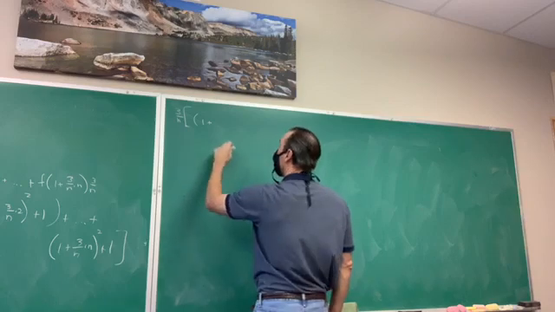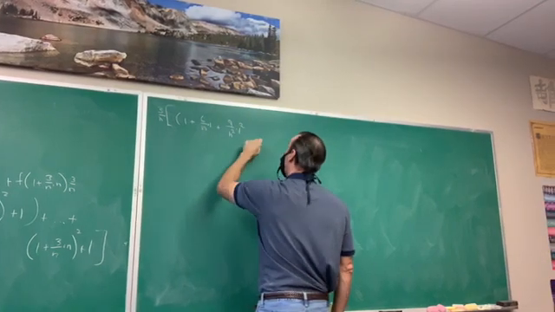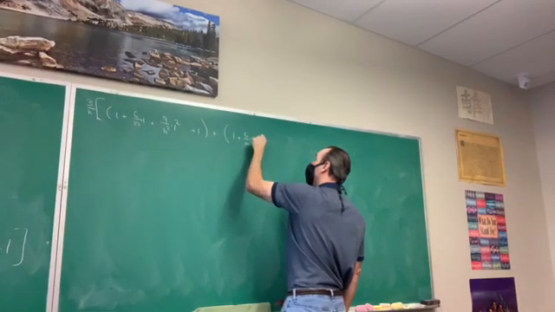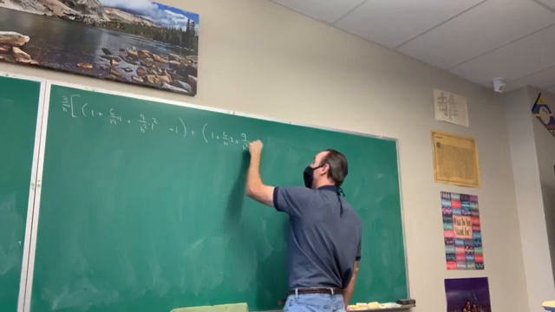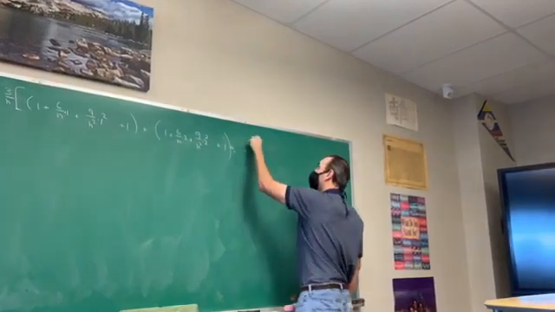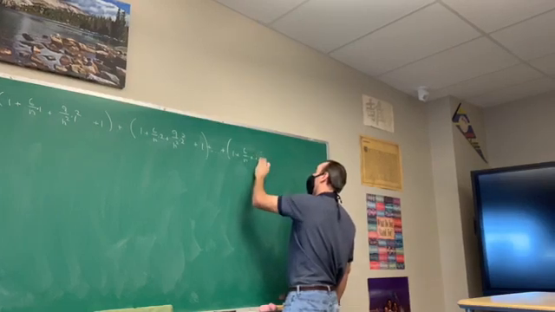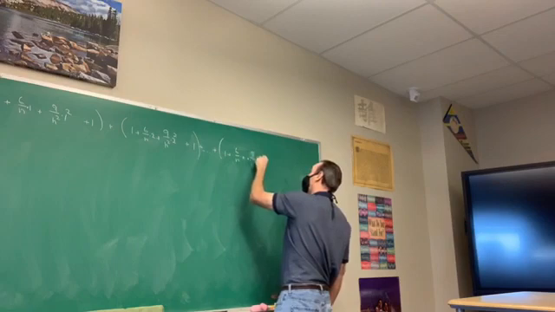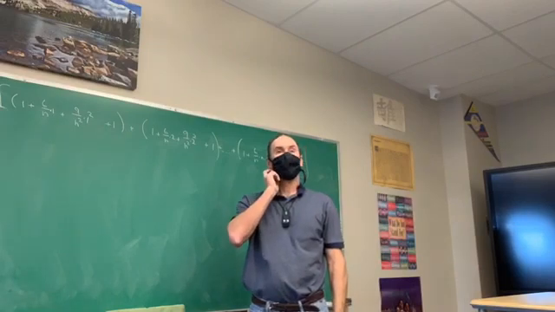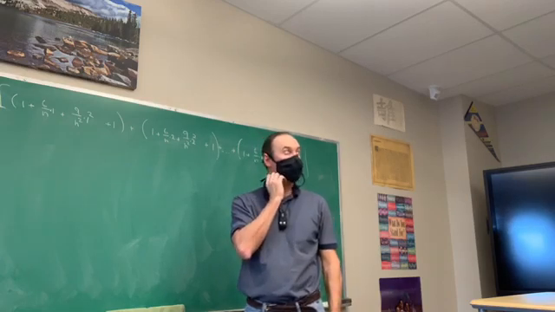So we're plugging in 1 plus 3 over n. For each of those, you're going to get the first one squared, twice the product, plus the second one squared, plus 1, because of the x squared plus 1.